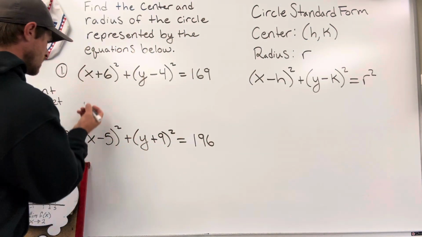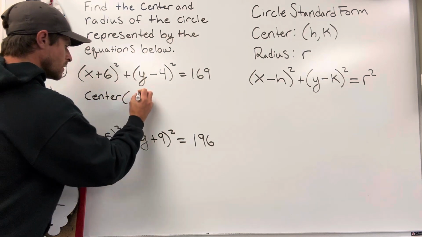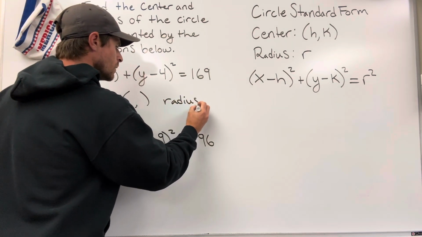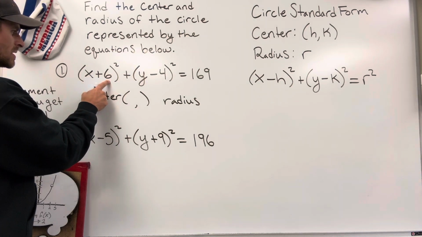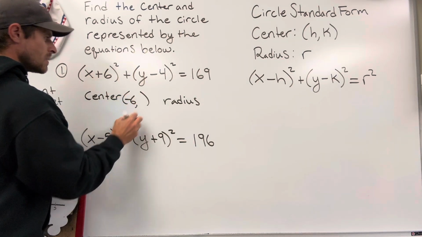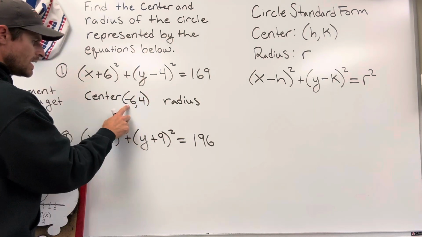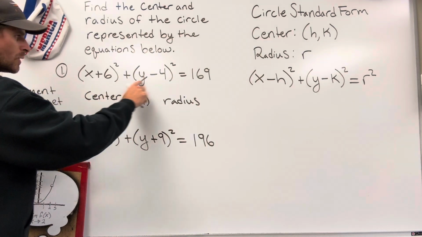So let's write out our center. We'll give it as an xy coordinate, and then we'll tell the radius, which comes from this number right here. +6 means it's the opposite, -6, and -4 means it's the opposite, +4. So (-6, 4) is where you'll find the center of the circle if you were to graph this equation out.